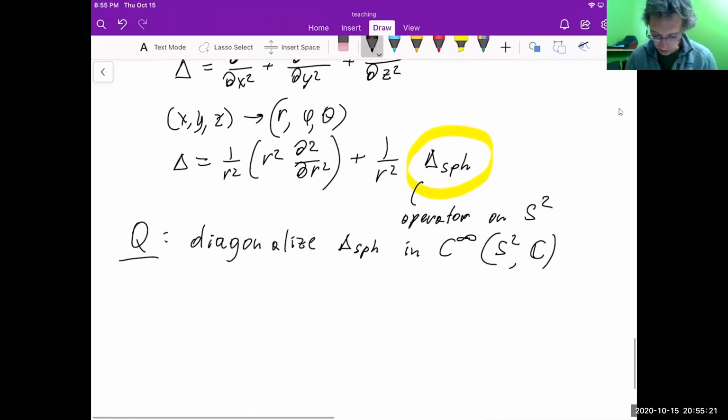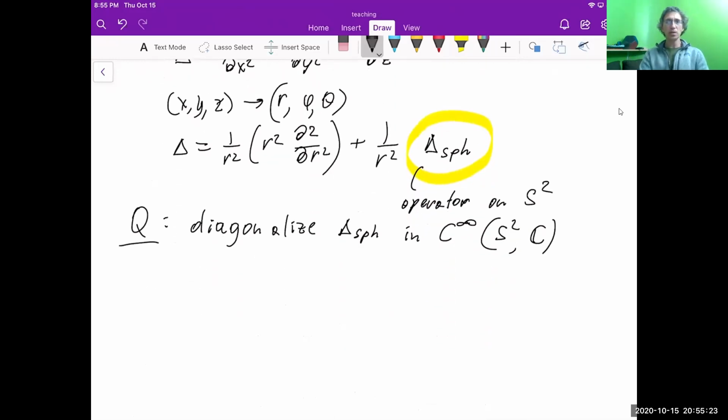So can we do this problem? Of course, if you are a physicist and you are brave and you don't care about any of these mathematical fine points, you just write this in coordinates and you solve the corresponding differential equation in coordinates. I don't want to do that. So what's the better way?